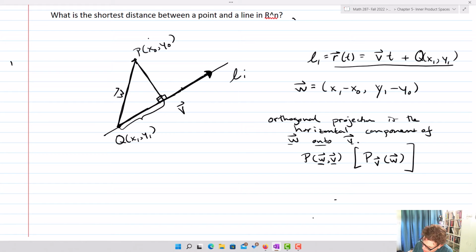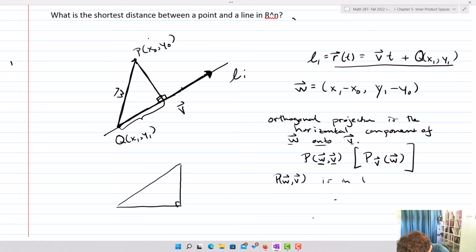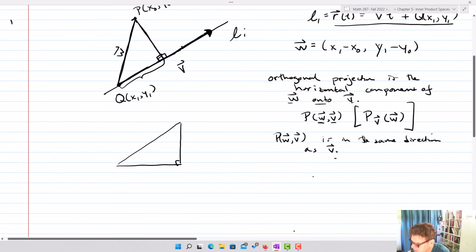All right, so now let's look at how do we figure out what that vector actually is. So one piece of information, we'll come back to this in a minute, is that P of WV is in the same direction as v. Okay? They just have different magnitudes. All right? So basically, P of WV is a scalar multiple of v of some sort.